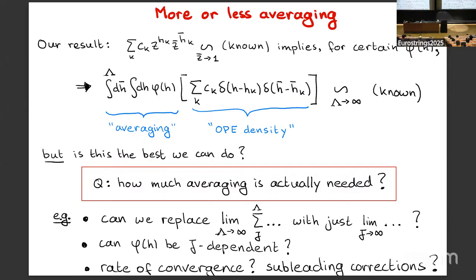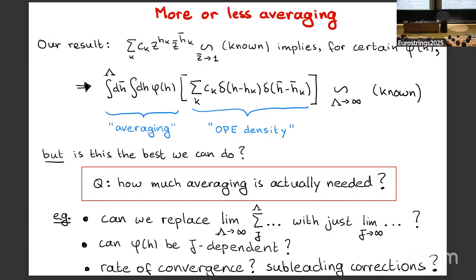But can we not just take a large J limit? That would exclude this second scenario. If we had a result for the large J limit, then we would say no single spin can misbehave asymptotically. There cannot be asymptotically many gaps because every spin has to fall in line eventually. Or another thing that would be nice is whether this phi of h can be J dependent.